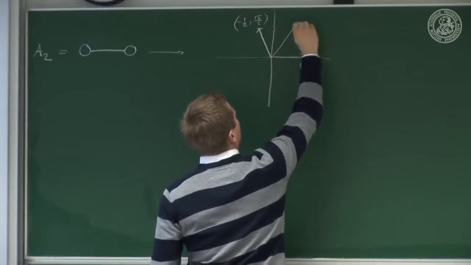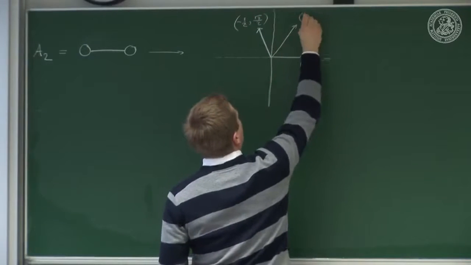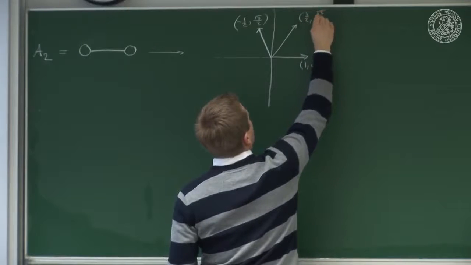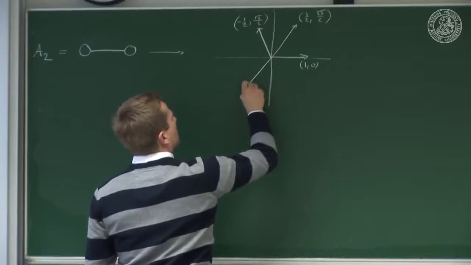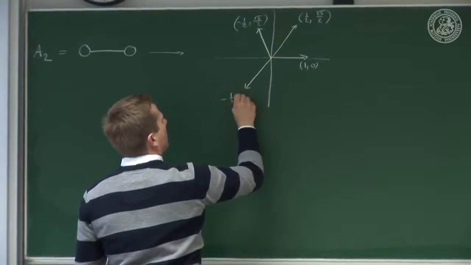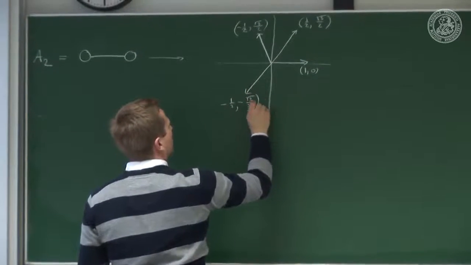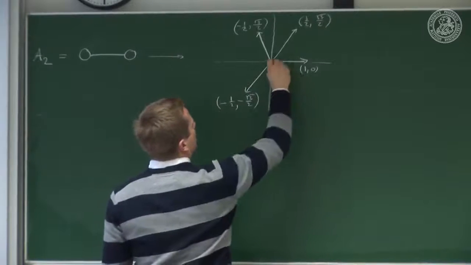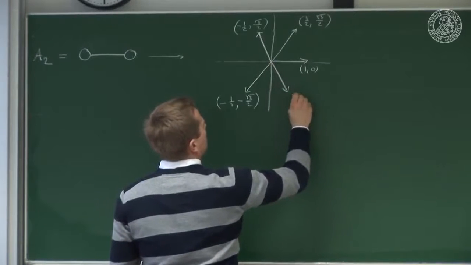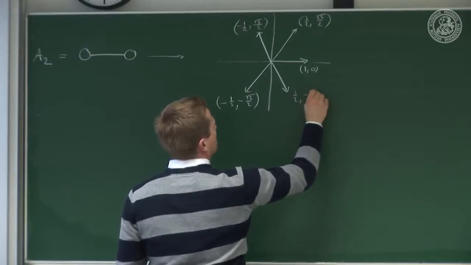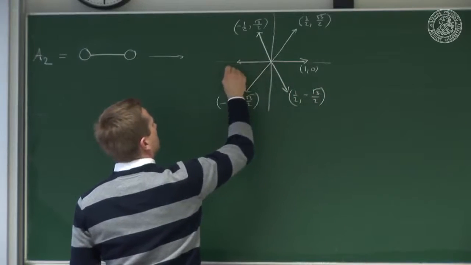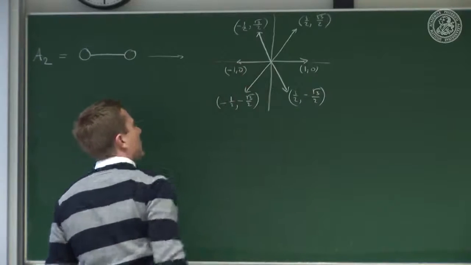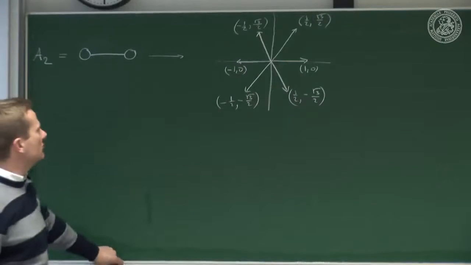But by repeated action of the Weyl group, we also got (1/2, square root of 3/2), as well as (-1/2, -square root of 3/2). Then this one, which is (1/2, -square root of 3/2), and of course also this one here is (-1, 0). That's the root space.